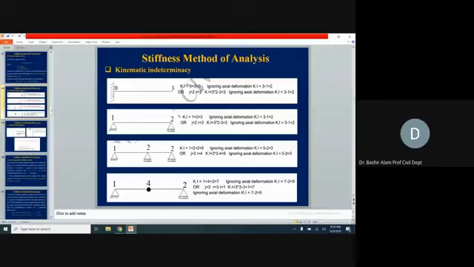If we ignore the axial deformation, meaning along the length the member cannot deform, then this horizontal translation at joint 3 we will take away. When we remove this, since there is only one member, it will become 3 minus 1, so 2 degrees kinematically indeterminate.